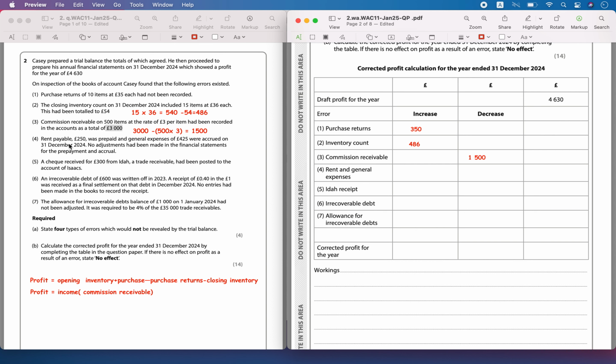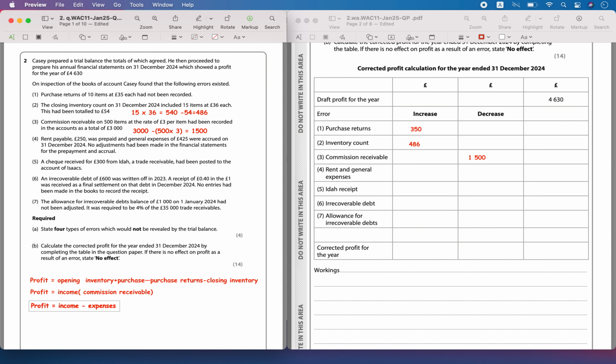Then we have the rent and general expenses. Rent payable of 250 was prepaid and general expenses of 425 was accrued, and no adjustments had been made for this prepayment and accrual. We know that profit is equal to income minus expenses.